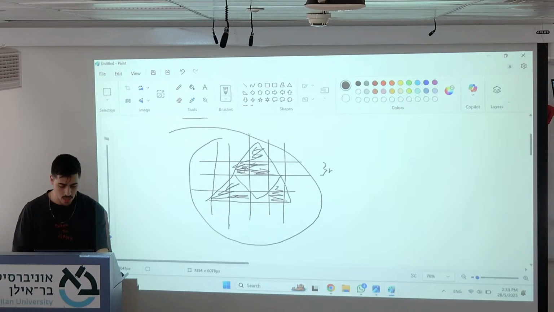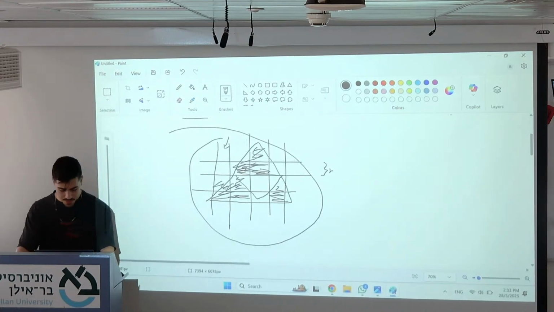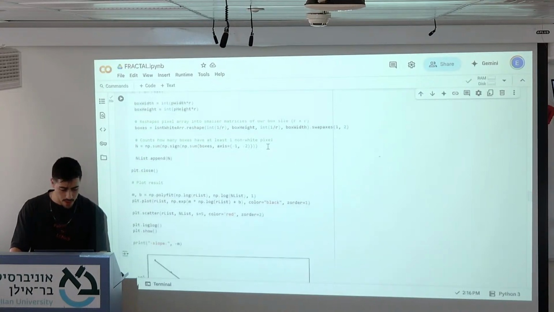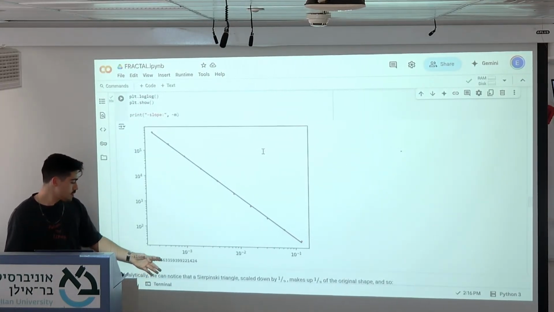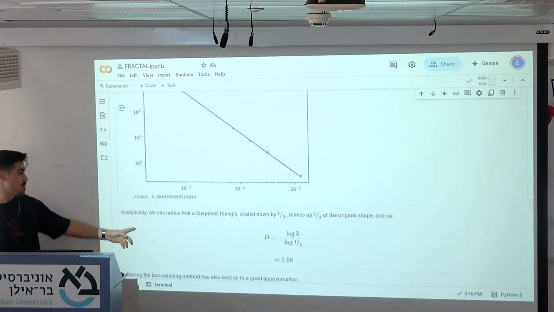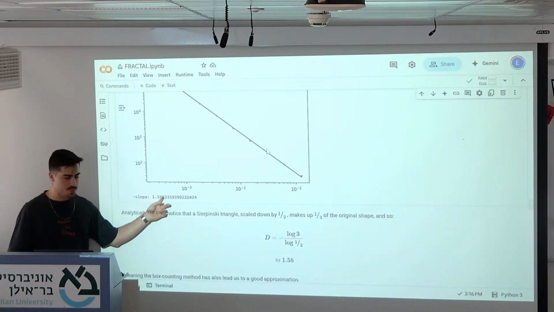Okay, so these will be counted, but this box, for example, will not be counted because it doesn't have any part of the shape. Okay? And we run this and plot it for various r values, and we get this. And the dimension of the Sierpinski triangle turns out to be 1.56 or so.